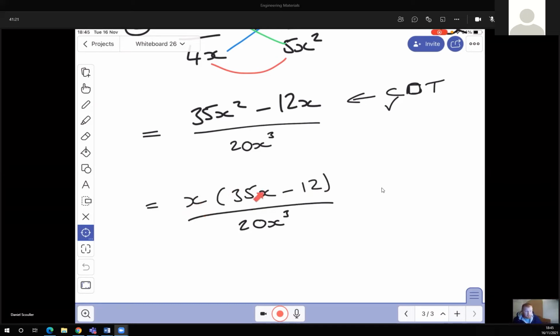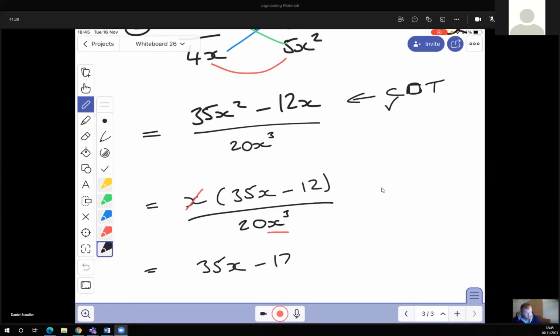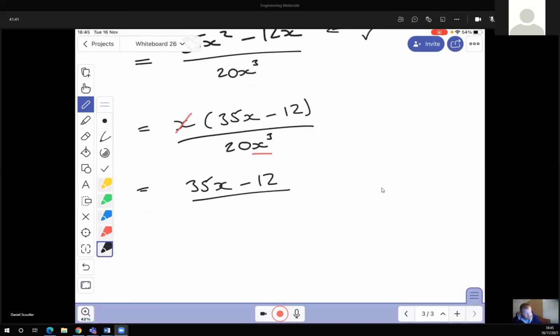Now that's a multiple, so that's x times that bracket. So we can now cancel out this x with one of these x's down the bottom. That becomes 35x minus 12 over 20x squared.